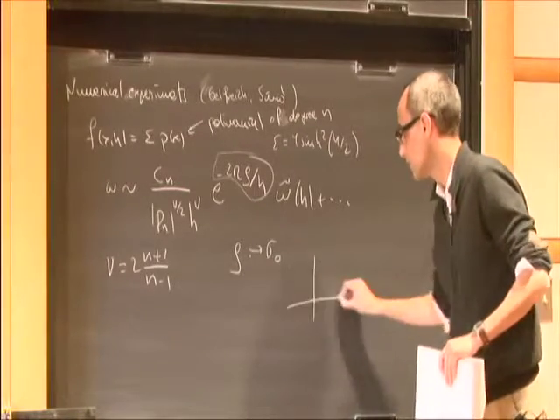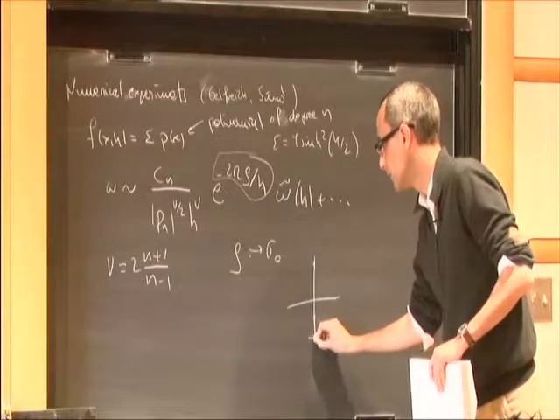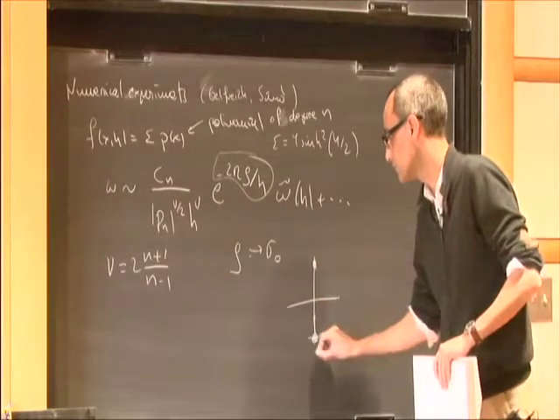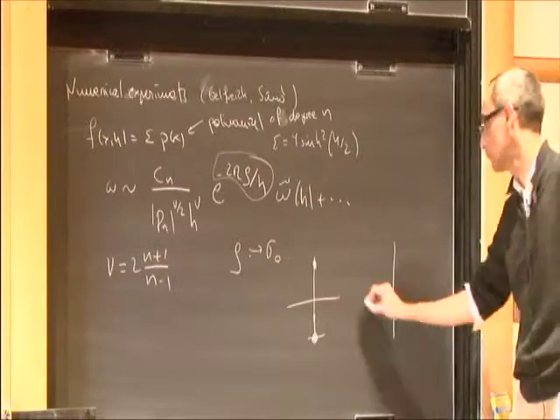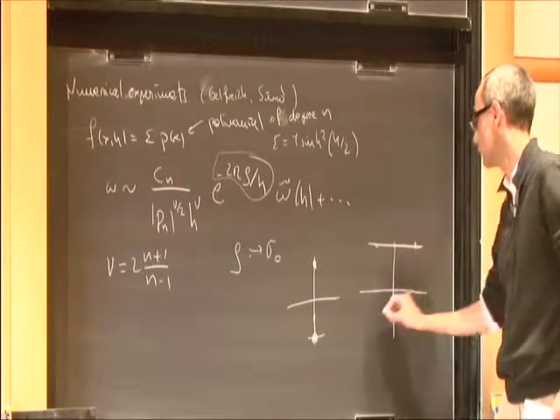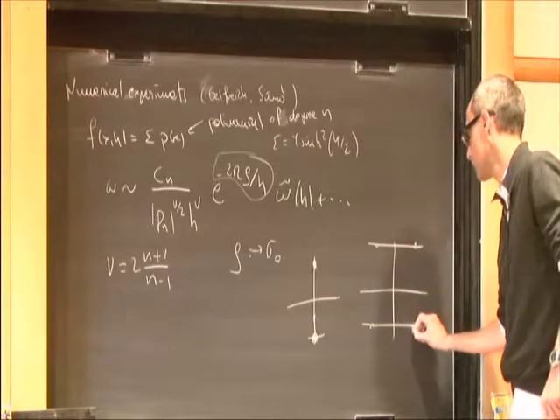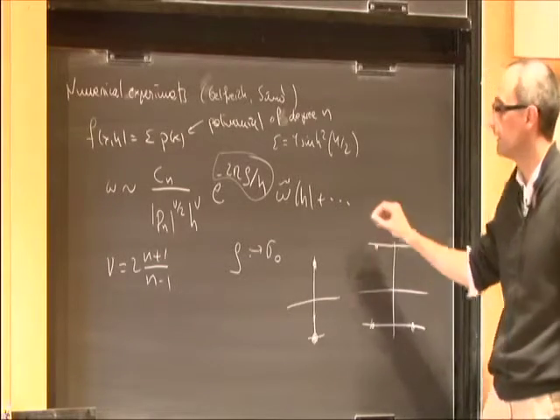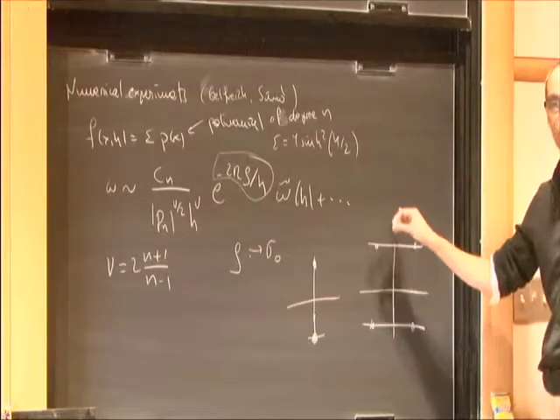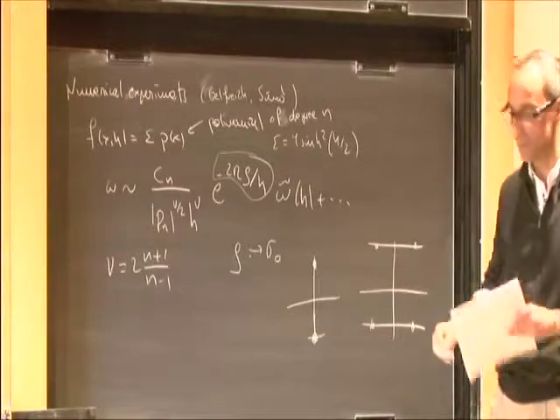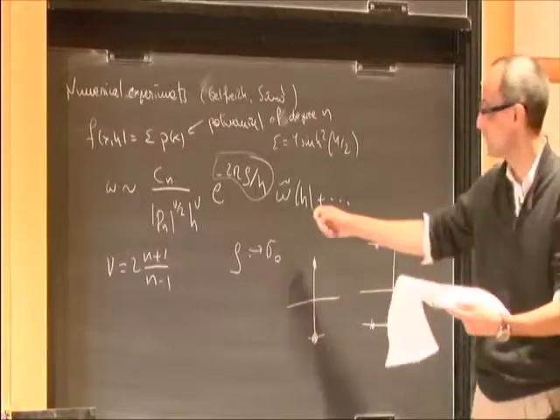In the previous example, there is only one closest singularity to the real line, but of course there could be more, and then things start to oscillate, and we can even have quasi-periodic behavior.